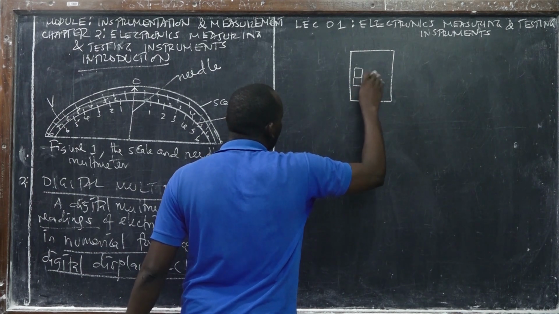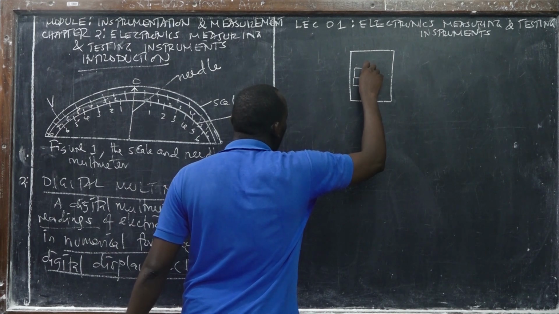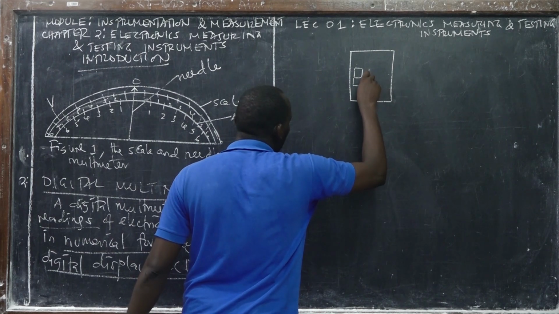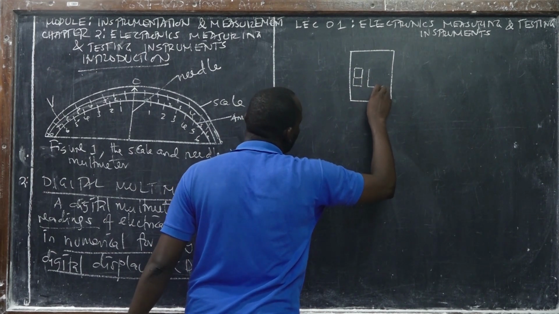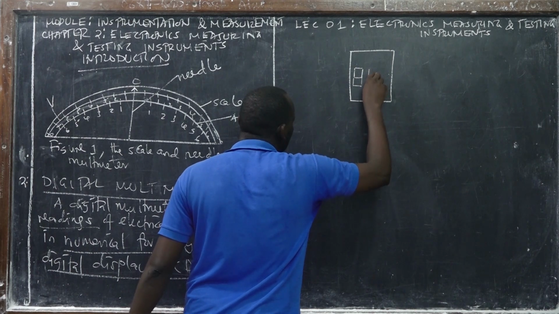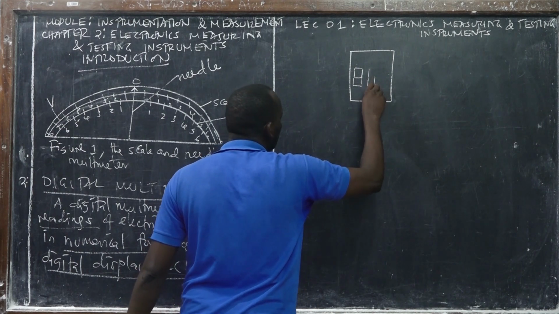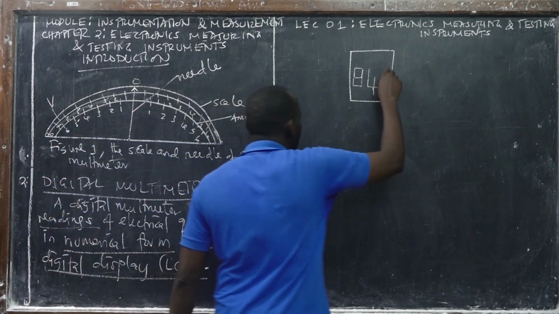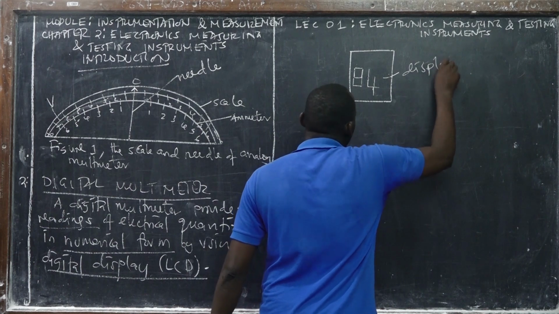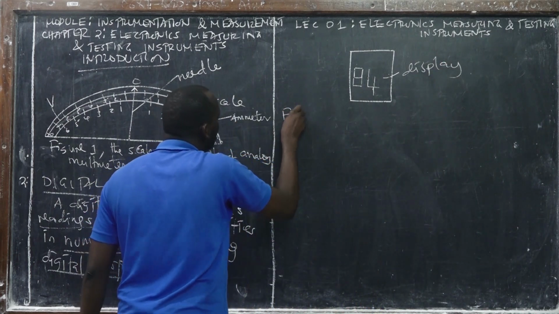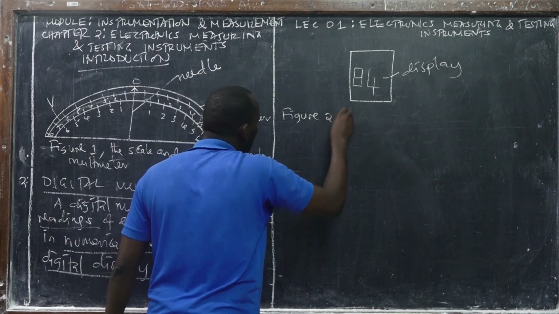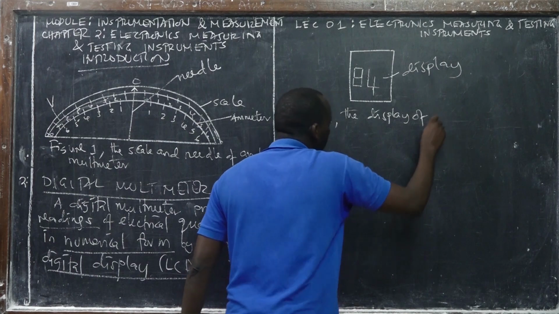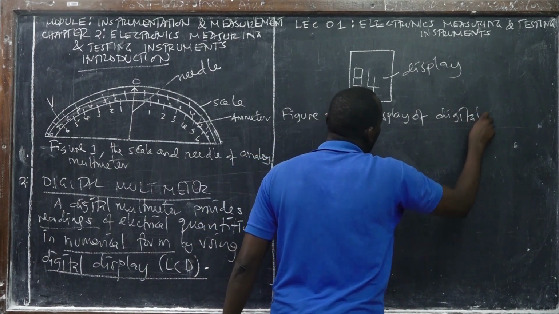So for instance, this is 8, 4, 1, then 2. There's no gap here. 3, and then 1, then 4, 2. So this is the display, to display the what? The physical quantity. So the display of digital multimeter.